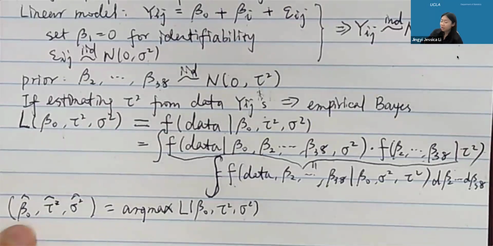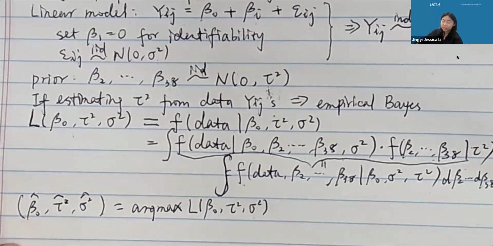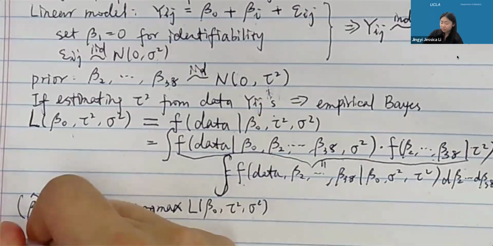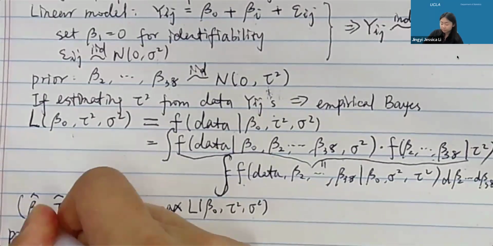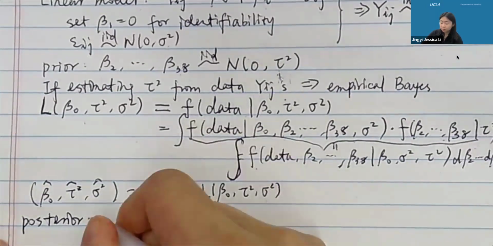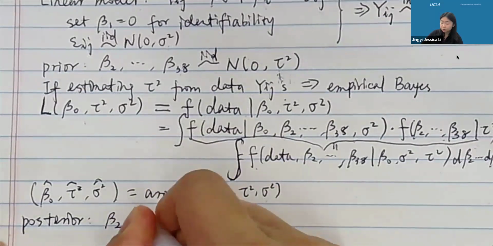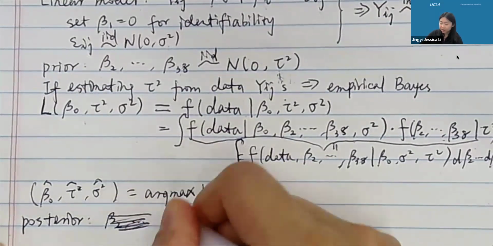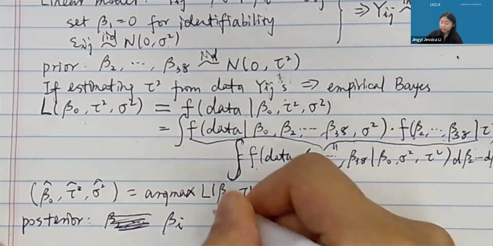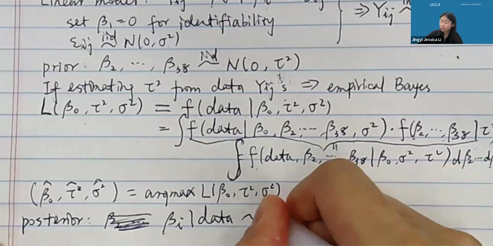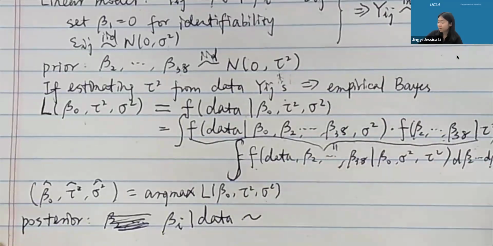So basically, for Bayesian, you want to get a posterior. The posterior would be the distribution of beta i given data. What distribution is it following, right?